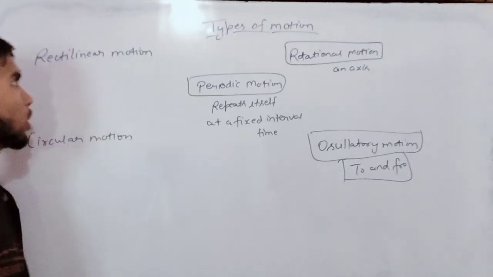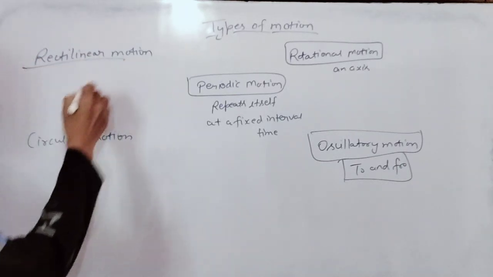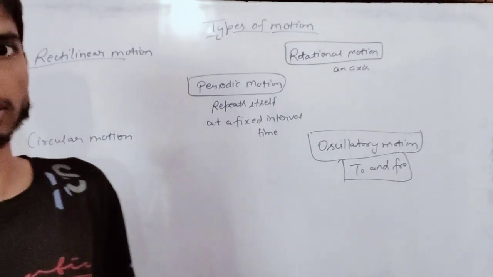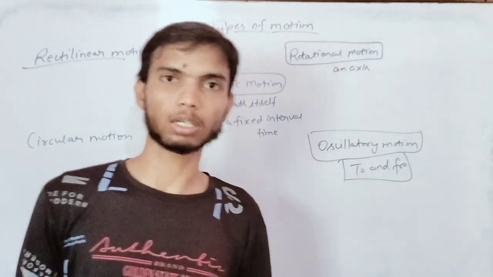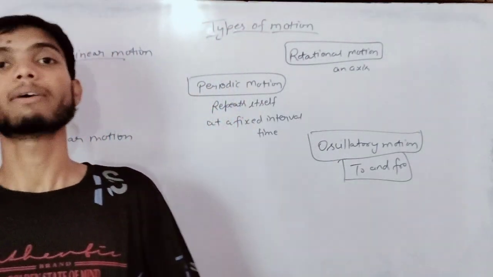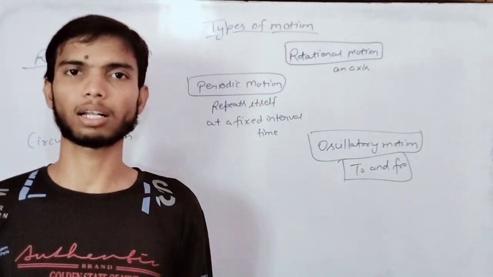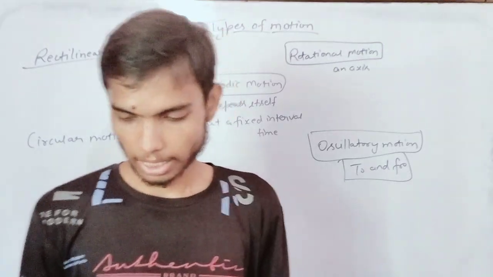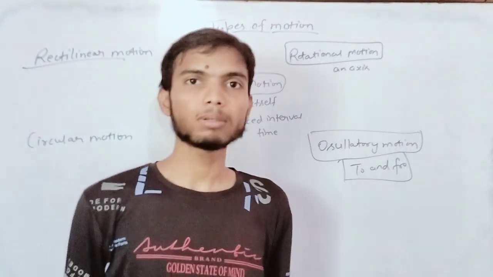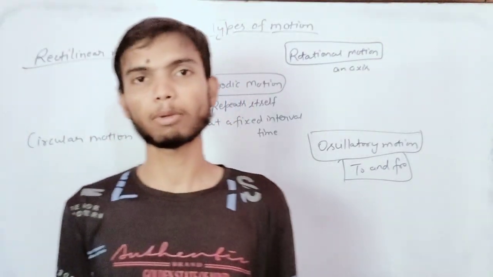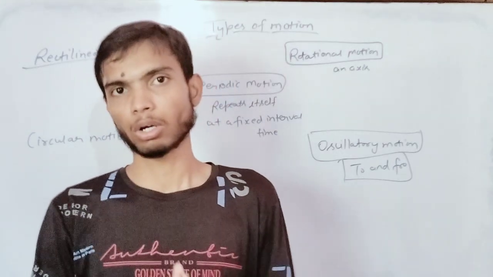Clear? Why are we saying rectilinear motion instead of straight motion? Because there can be more than one object.